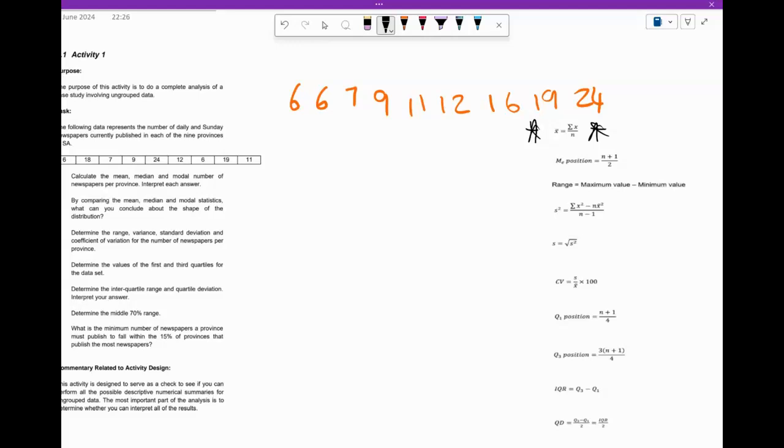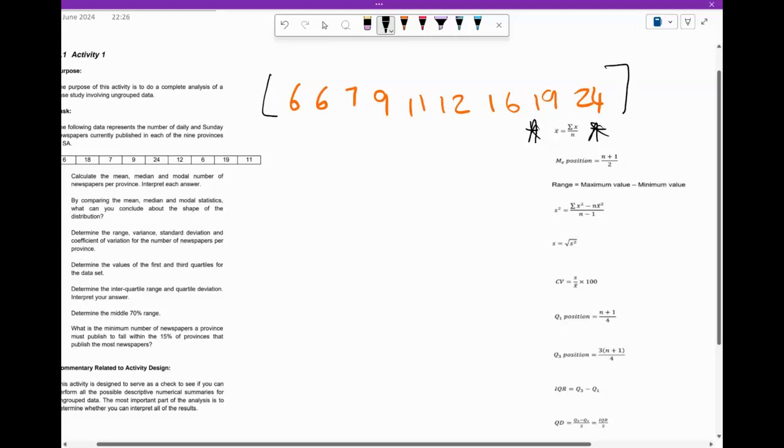So what is the sum of these variables? What is the total that we get? 6 plus 6 plus 7? What do we get?